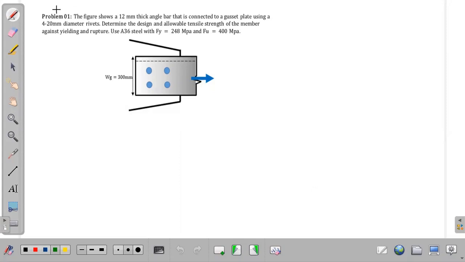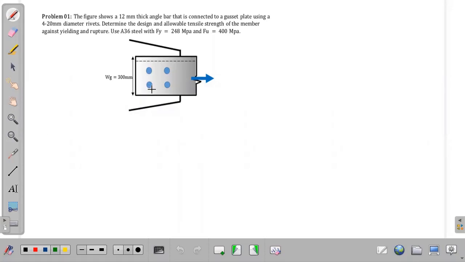So for problem, we have here problem 1. The figure shows a 12 mm thick angle bar that is connected to a gusset plate using 4 20 mm diameter rivets. Okay, so 4 na diameter. So we have 1, 2, 3, 4. We have to determine the design and allowable tensile strength of the member.